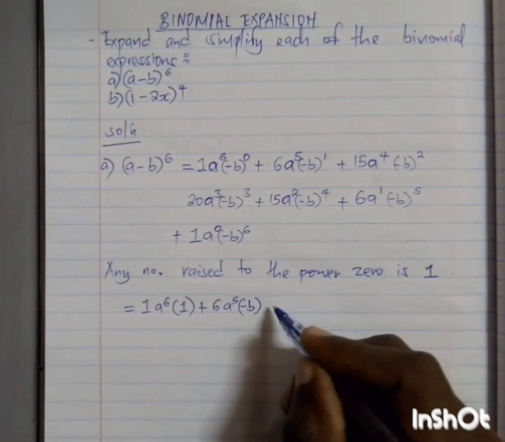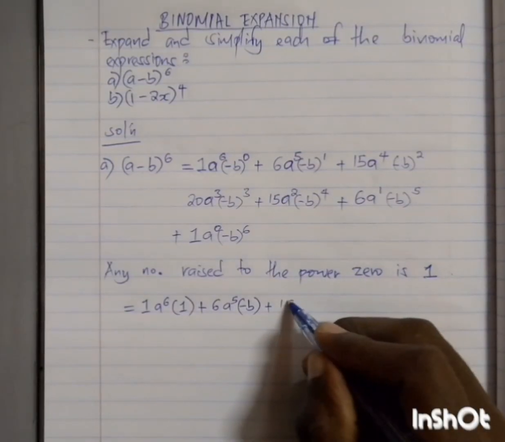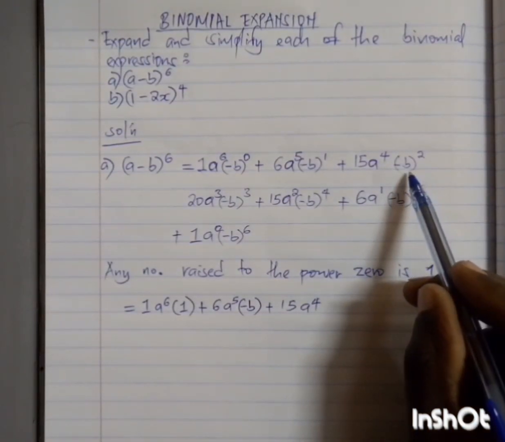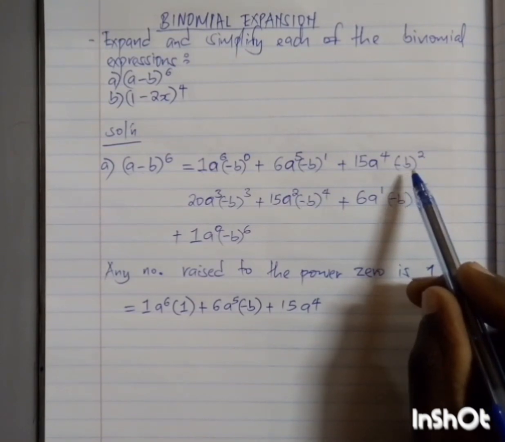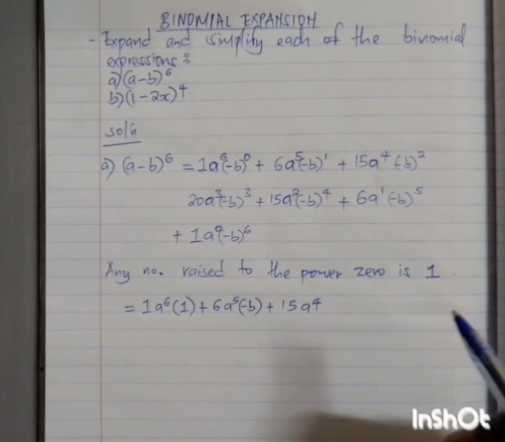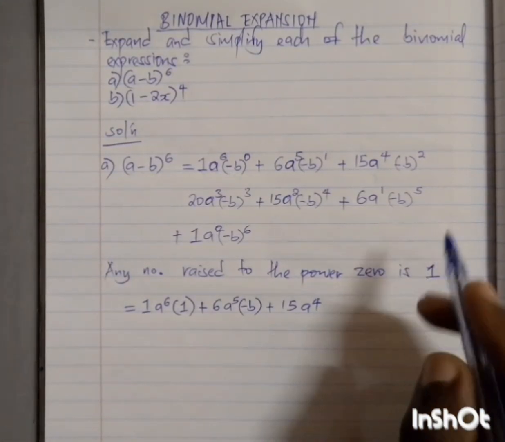And then plus, we have 15 here, a to power 4. And we have finally minus b squared. What does minus b squared give us?